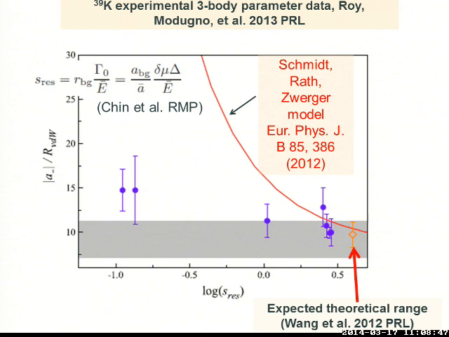So this is a comparison of one of the two-channel models, the one of Schmidt, Rath, and Zwerger. And you can see it would seem to predict, as the resonance width gets smaller, toward this end of the scale, a much stronger variation from this unitary or universal limit of the three-body parameter, which is not really seen, at least in the potassium experiment.